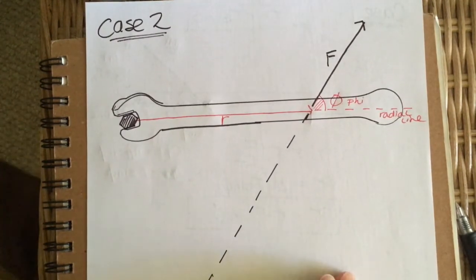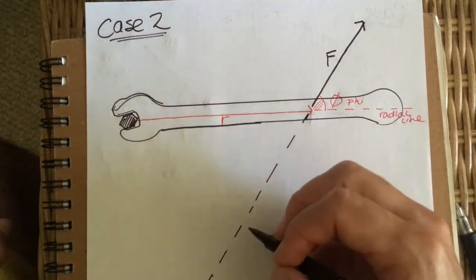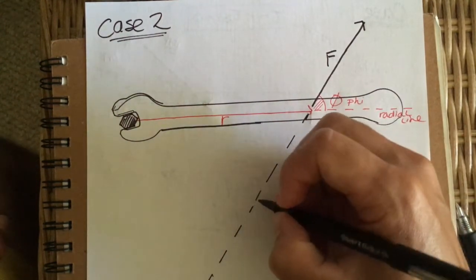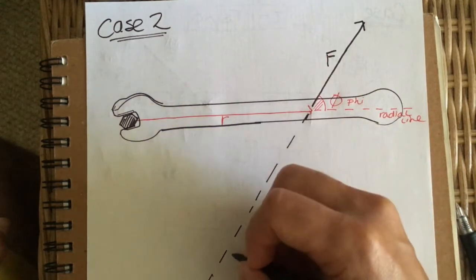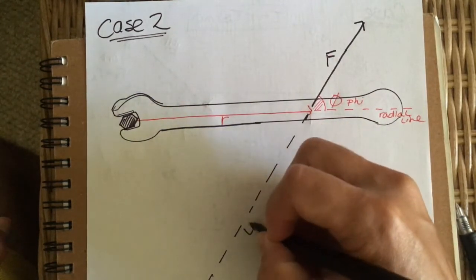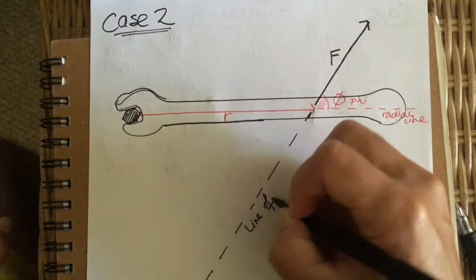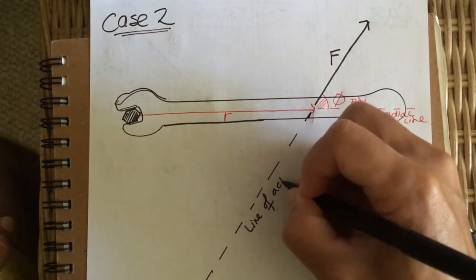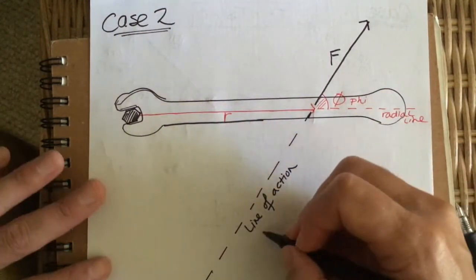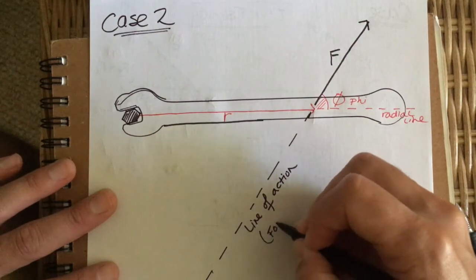And what you can see then by looking at this is that this new dotted line is also going to get a name. We're going to call it the line of action. It's also referred to as the force line.